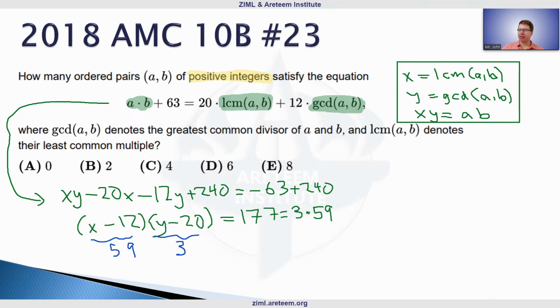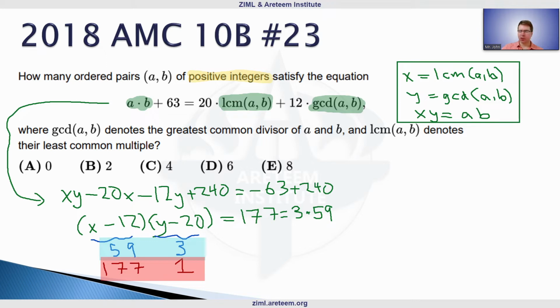Or we could have another possibility here of just the kind of boring one, but 177 times 1. So we could deal with these separately then here in terms of some cases. So we have one case here of one solution so far, and then we have another solution here that we consider separately in a moment.